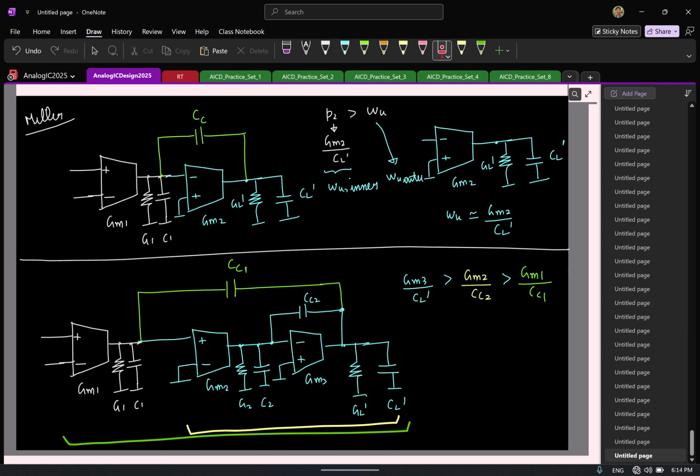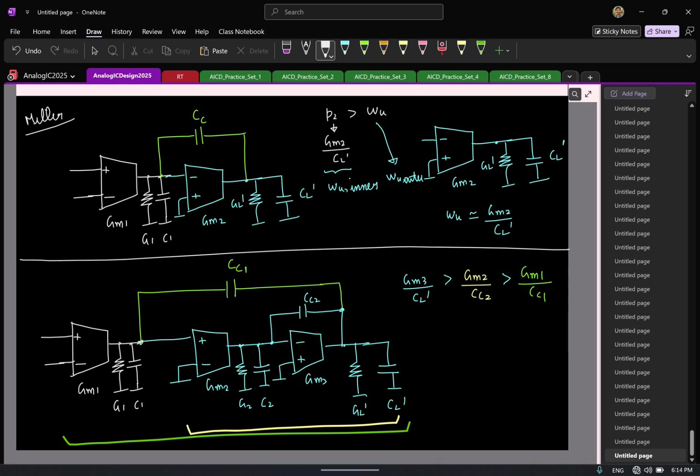Now the exact phase margin will depend on how far apart these are, and that's not very trivial to do. For the sake of time, I will not do it. If you want, you can derive it yourself or refer to textbooks. And of course, anytime you come up with something new, you should always give it a name. The name of this is nested Miller compensation, for obvious reasons.